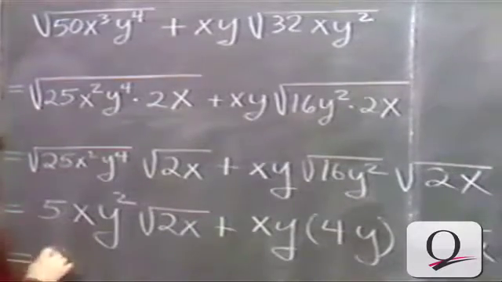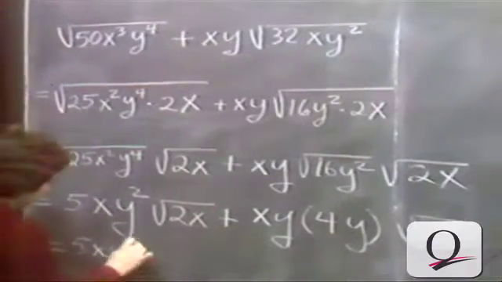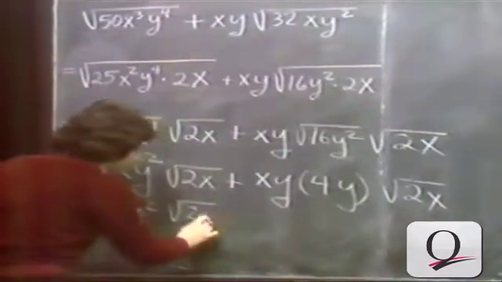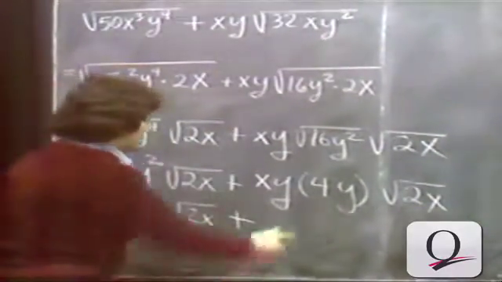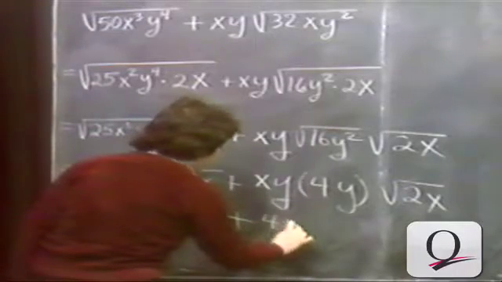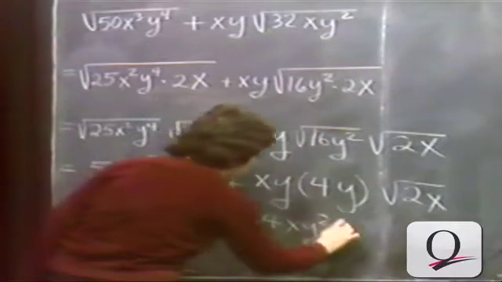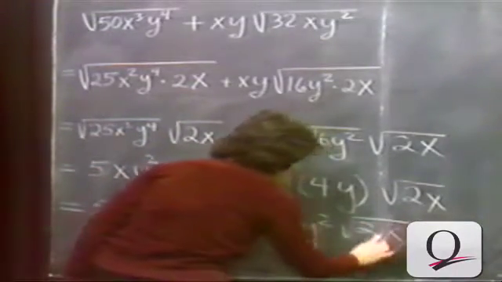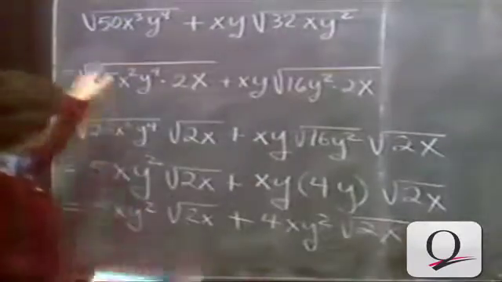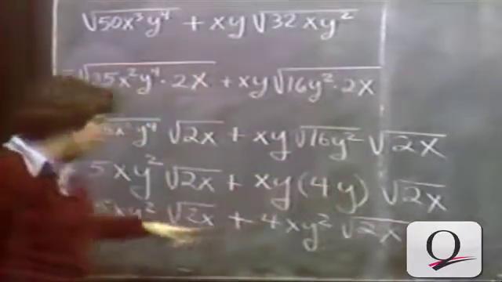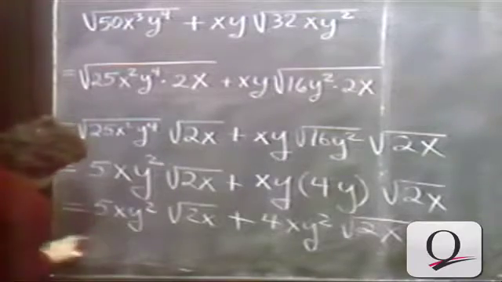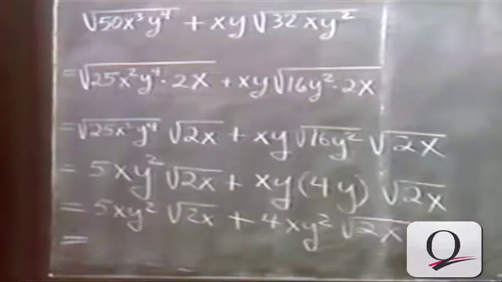This gives us 5xy squared, the square root of 2x, plus 4xy squared, the square root of 2x. Up until this point, we were just putting these radicals into simplest radical form. We now notice that they do involve exactly the same radical in simplest form, namely the square root of 2x.